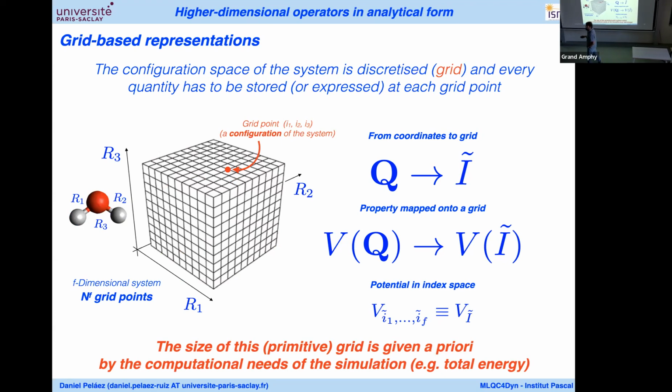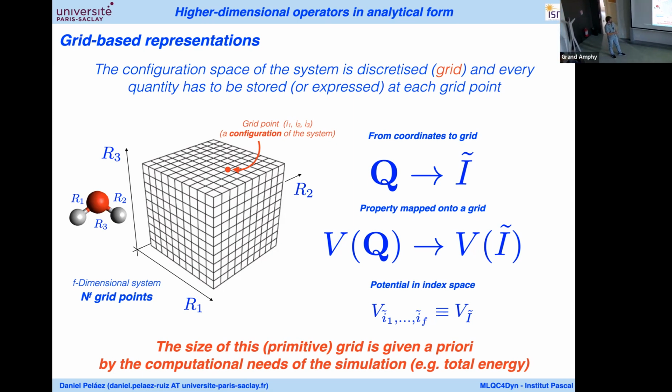And of course, if your system has 3n-6 degrees of freedom, with n larger than 3, you end up having something which is high dimensional. And of course, you've got this exponential increase in the number of data points, and obviously the concomitant number of operations you do with those data points.